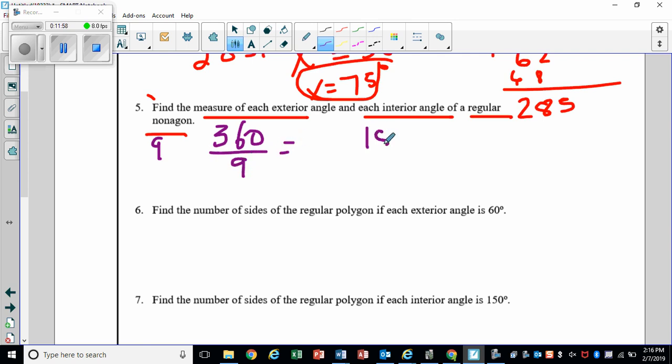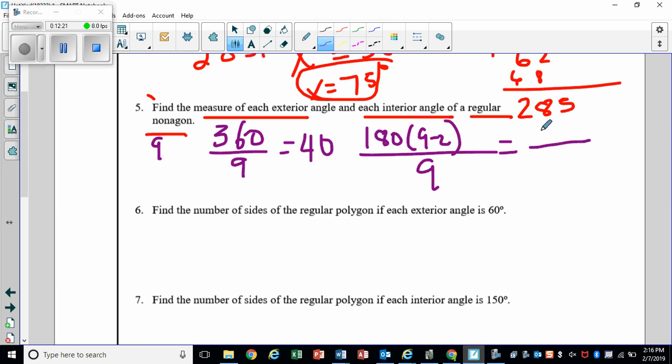For each interior, I have to do 9 minus 2, times 180, divided by 9. So the exterior would be 40 degrees, and the interior would be 140 degrees, because this would be 1260 divided by 9, which gives you 140.